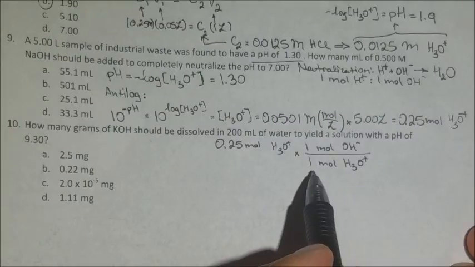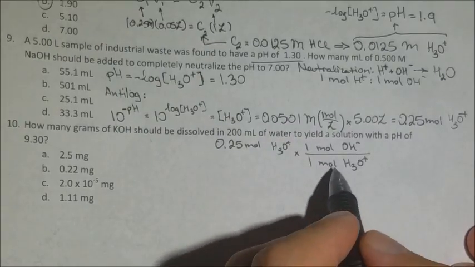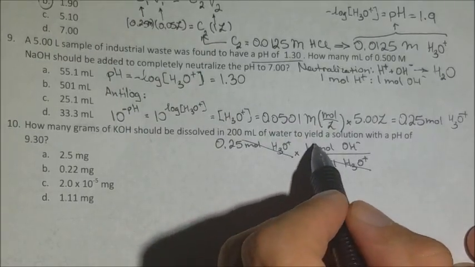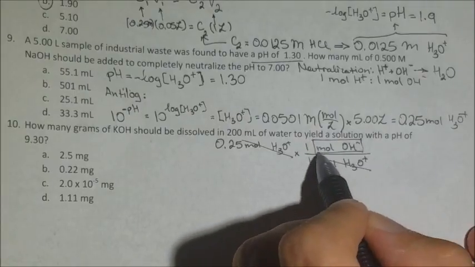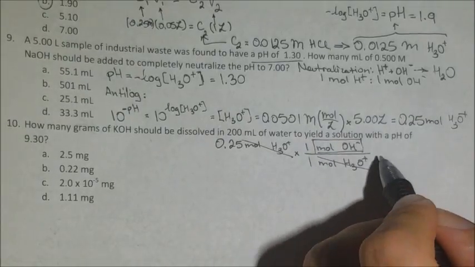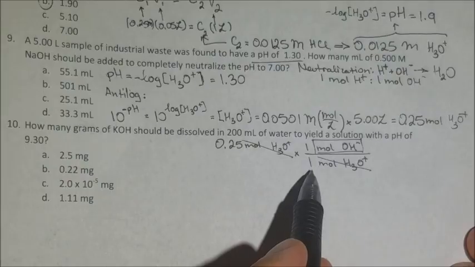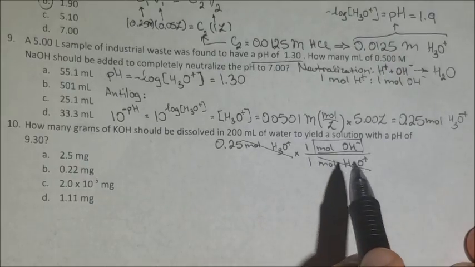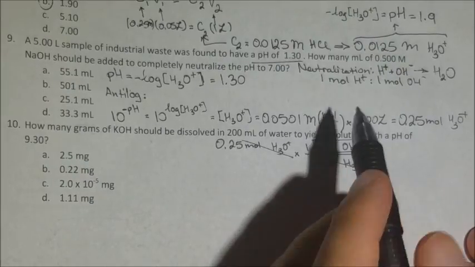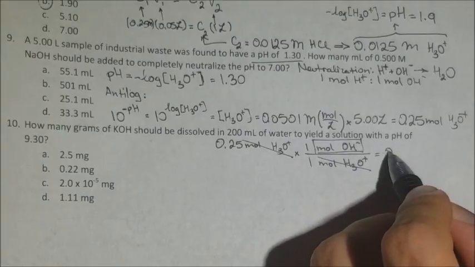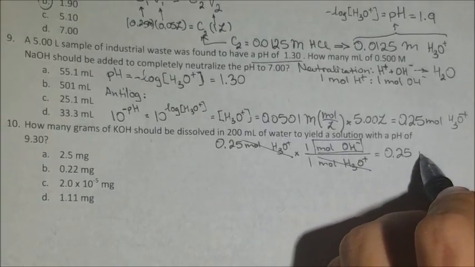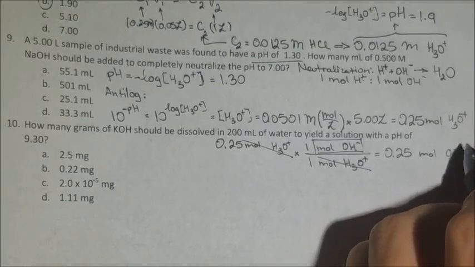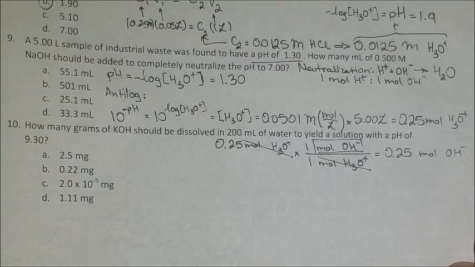So we can apply this mole ratio to this number of moles of hydronium, cancel out the moles of hydronium, and now we are in units of moles of hydroxide. Once again, units changed, numbers didn't change. That's why writing down the units is so important, because you mathematically justify going from moles of hydronium to moles of OH minus. Once again, I'm a big advocate for units.